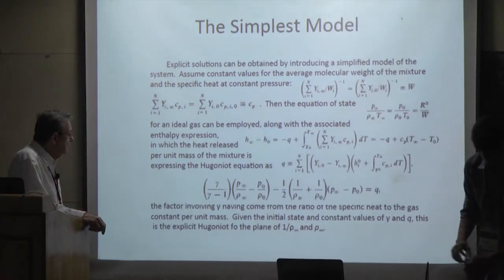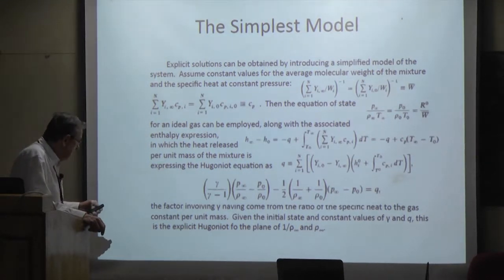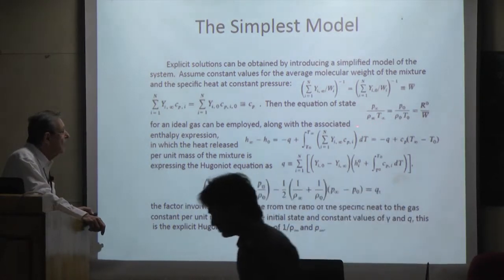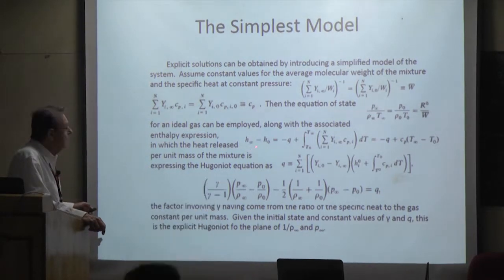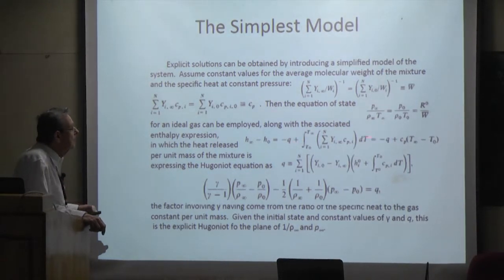So when you do that, and use as well the ideal gas law, this enthalpy difference would be the heat released in the combustion reaction per unit mass, plus Cp times (T minus T naught).